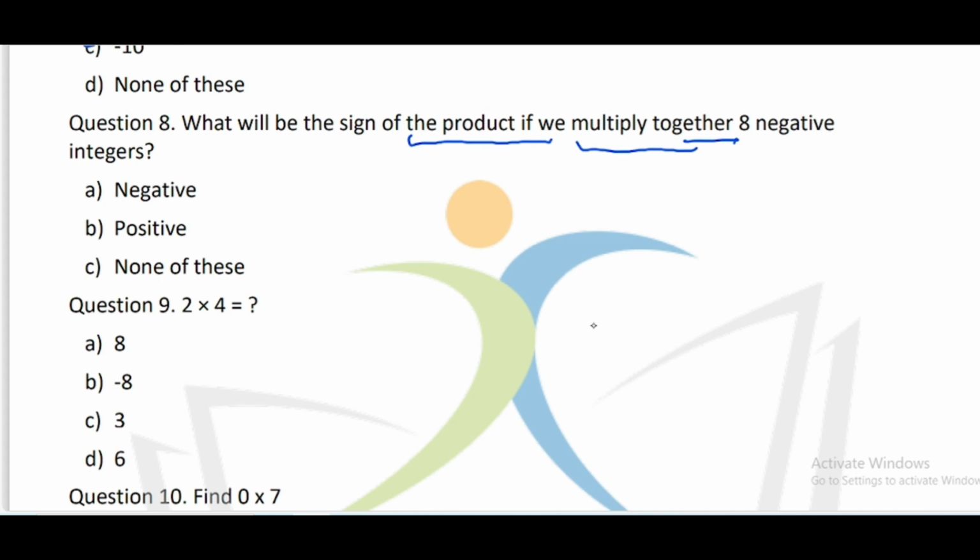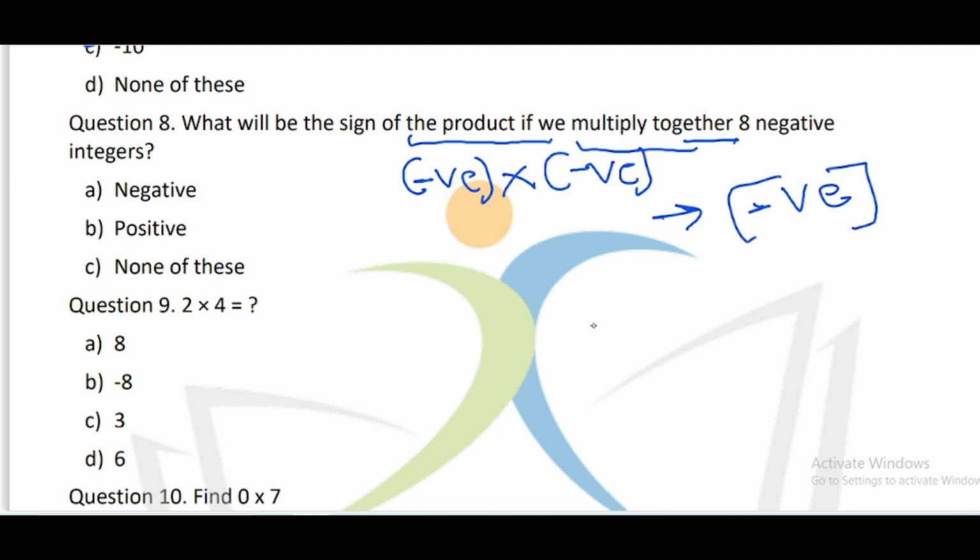If we multiply 8 negative integers, it means the negative integer has the power of 8.